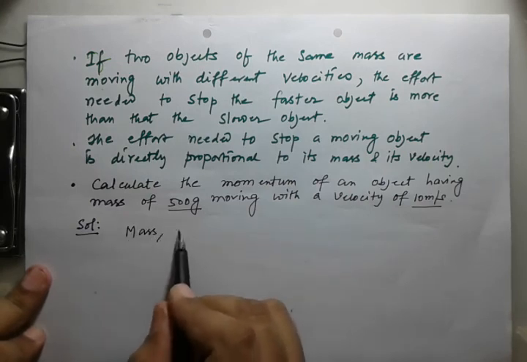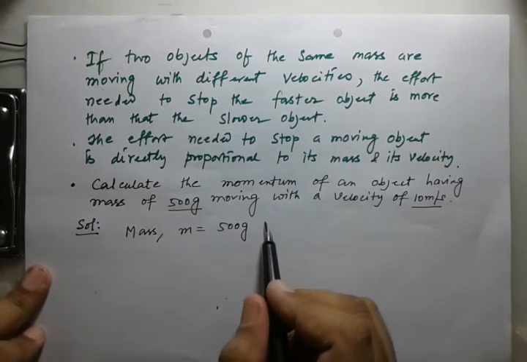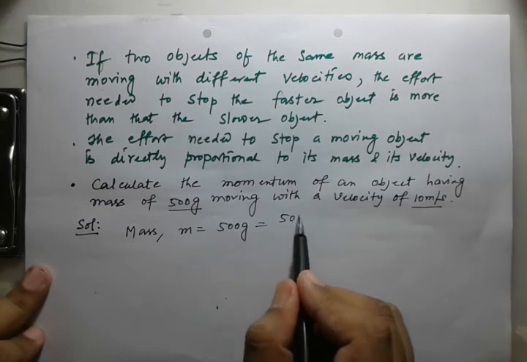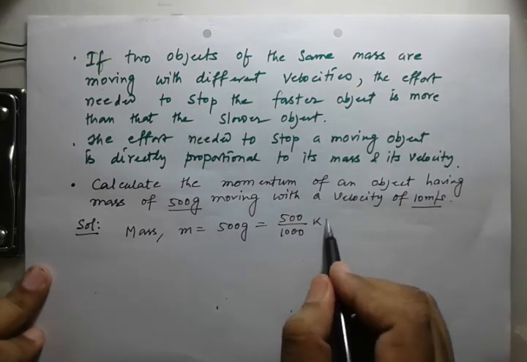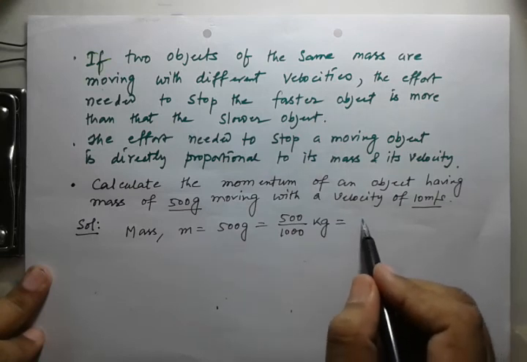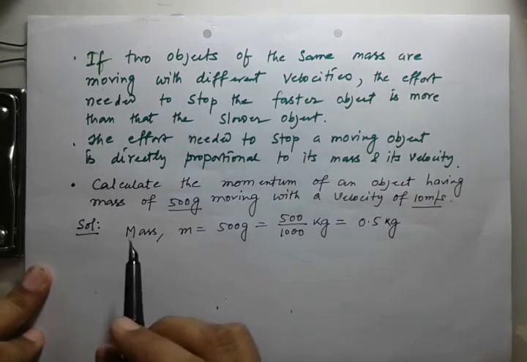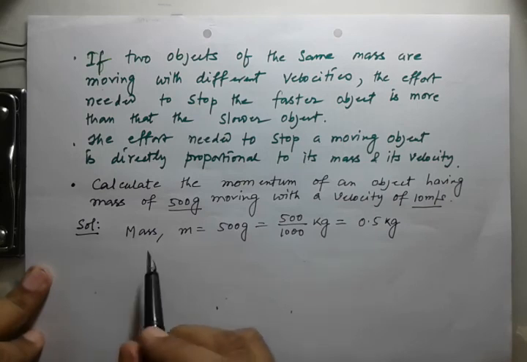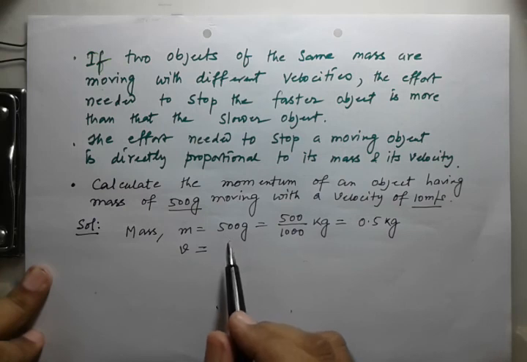Mass M is equal to 500 gram, so 500 divided by 1000 kg, or 0.5 kg. And then velocity is given: V is equal to 10 meter per second.